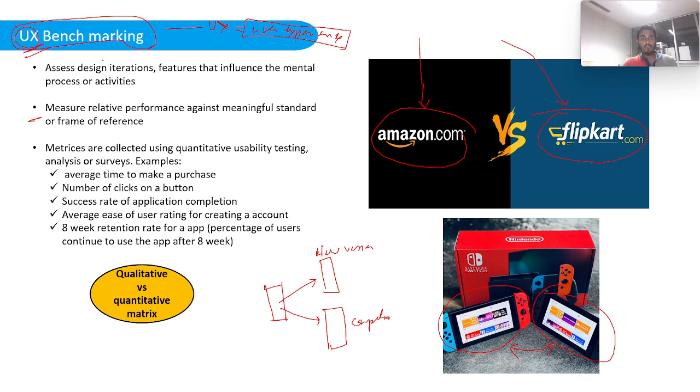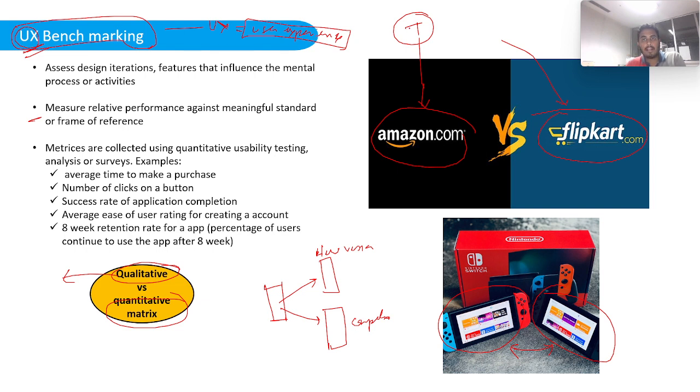Now UX benchmarking is something which we can consider as qualitative in nature, as well as some of the aspects are also quantitative in nature. Let's say when you try to buy a t-shirt on Amazon, what sort of user experience can we actually collect?